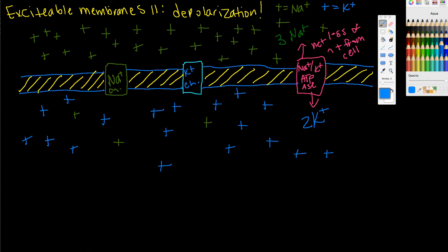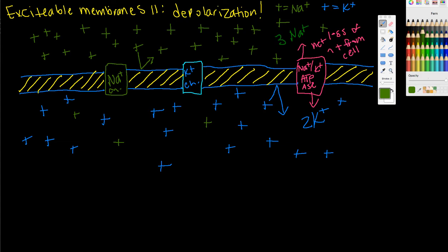So right now, these channels are inactive. They can't do anything, which means that sodium wants to go out, but is denied because there aren't any channels open to carry it through. It's charged, and therefore it can't get through the yellow area. If it wants to go through, it needs some help. Same deal with potassium. It wants to go in, and nope, can't do.